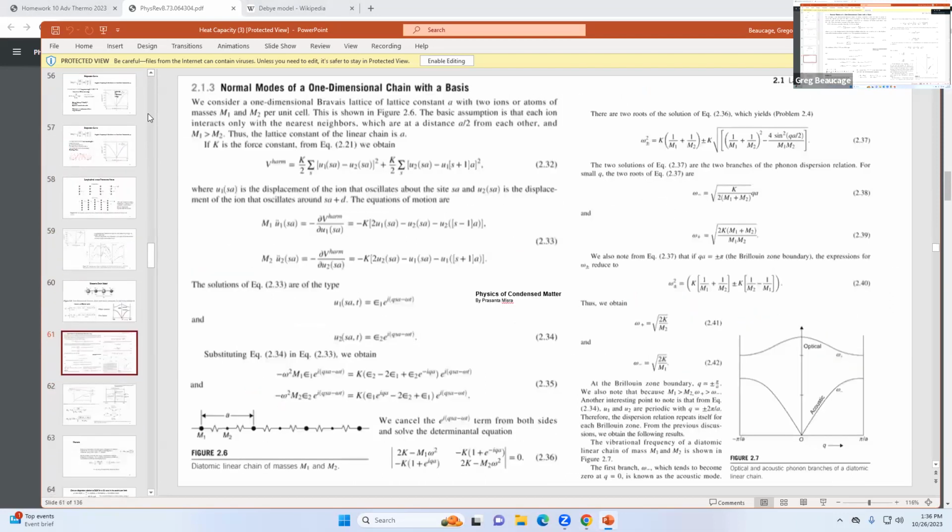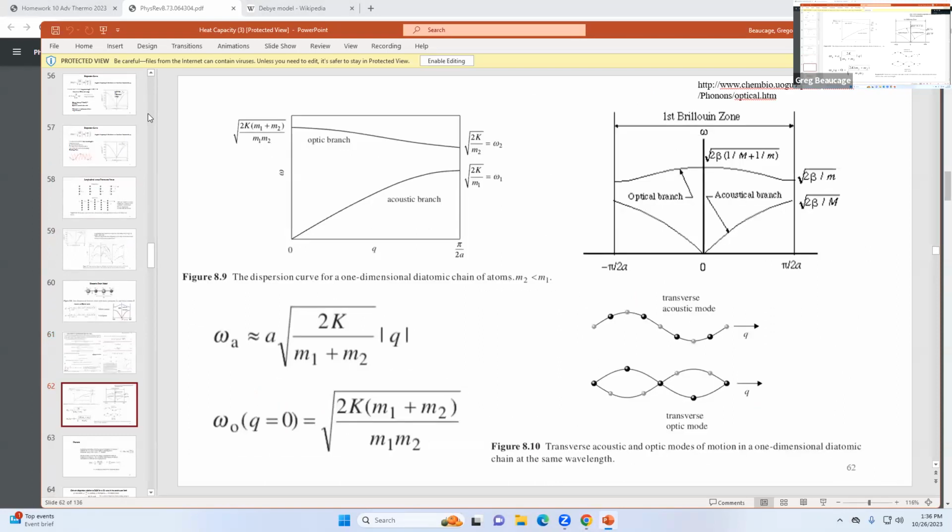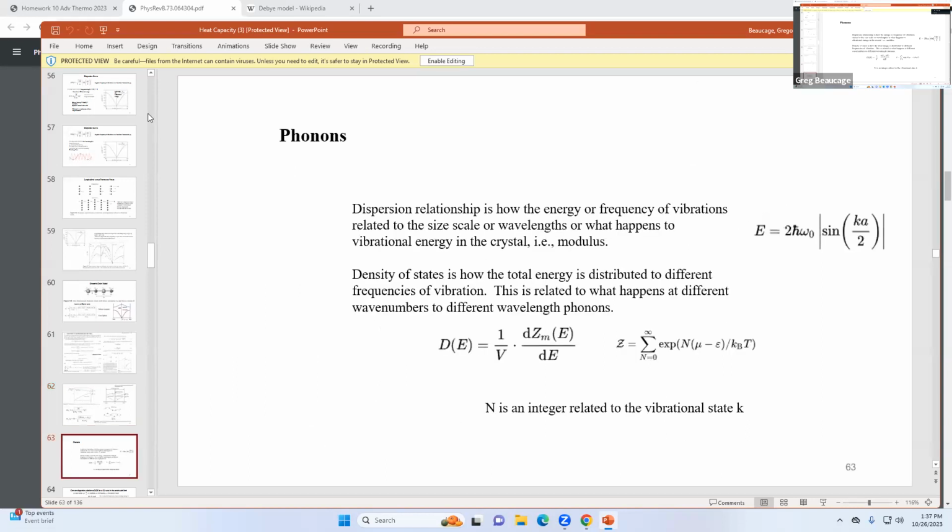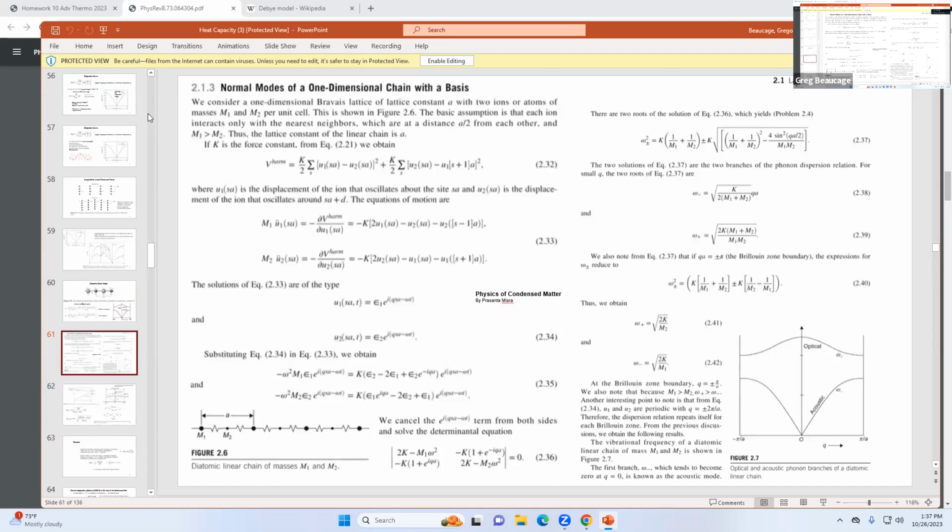Yeah, so there is this parent equation for the optical and the acoustic phonons, and there's two solutions, plus and minus.